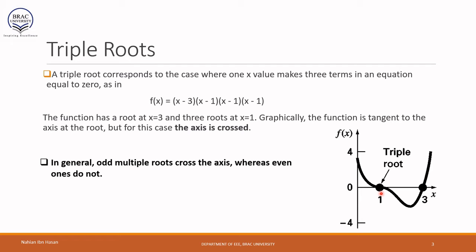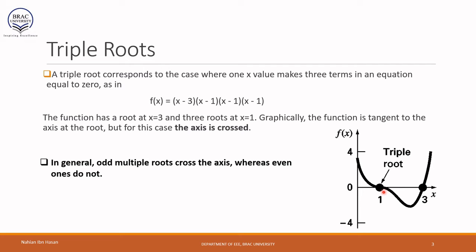Rather it crosses the x-axis at a slightly further point from x equal to 1, and that's the difference. With two similar roots, our function does not cross the x-axis, but with three similar roots, our function is going to cross the x-axis while also touching the x-axis at the specific point x equal to 1. So that's the very difference between double roots and triple roots.